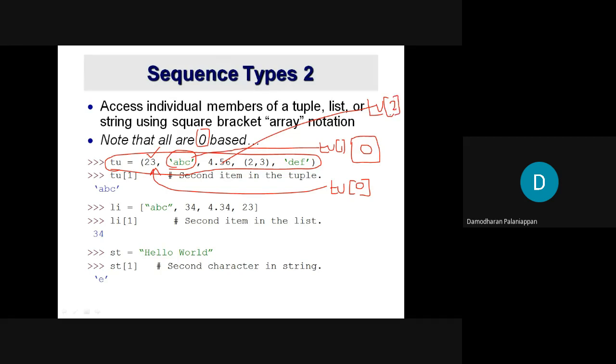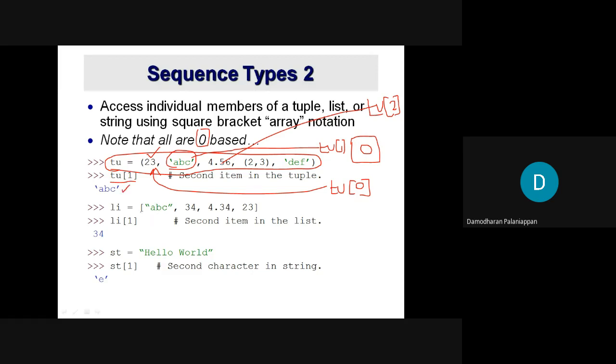In this way, the data can be read from the tuple one by one. In our example, TU of square bracket 1 means the index value is 1. The index starts from 0, so 0, 1, and the value ABC is printed.